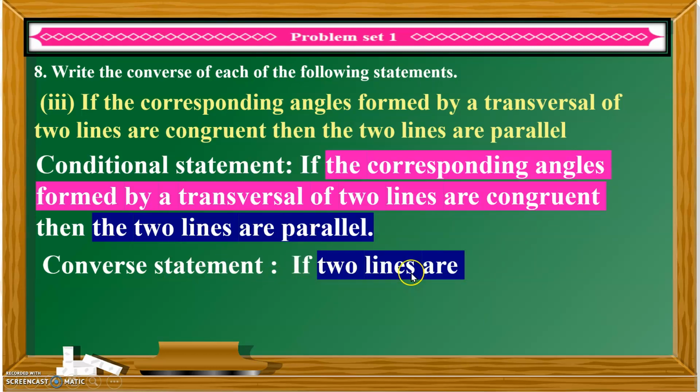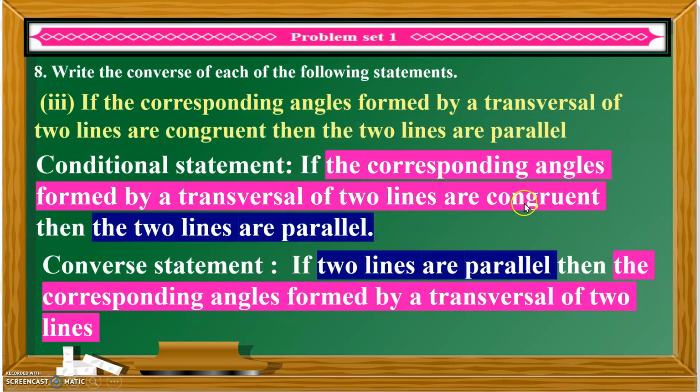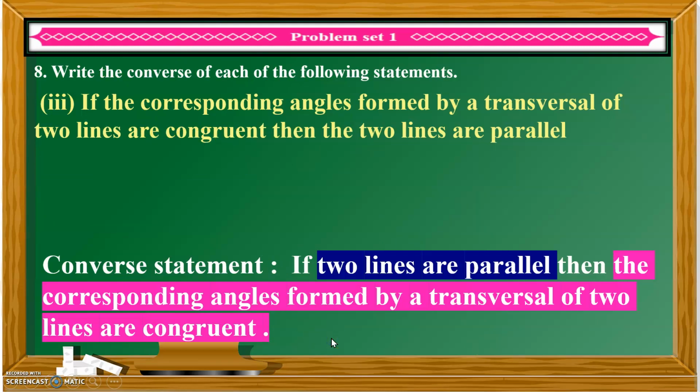If the two lines are parallel, then the corresponding angles formed by a transversal of two lines are congruent. It's only interchanging the positions, children. Again, the conditional statement is there in the question, so we don't write it in the answer. I hope I'm clear, children. Hope you have understood how to write converse statements.